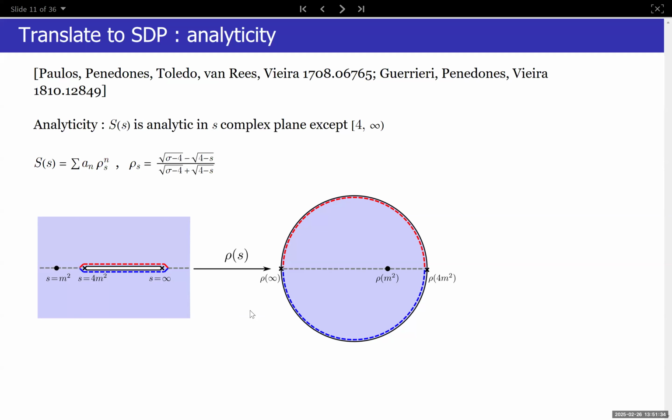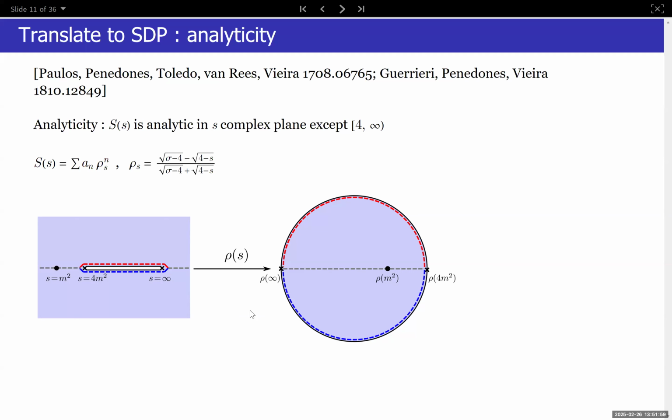Therefore, the analytic function on this unit disk is just a power series in rho. So this parameterizes the analytic function on the S plane, and we can take a different series for different sigma. That's our generic ansatz for the analytic function.